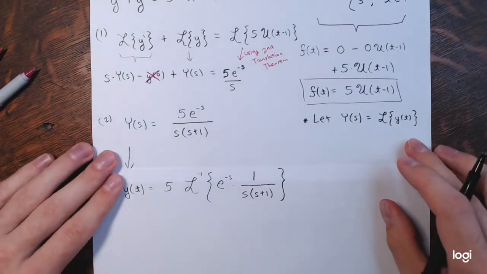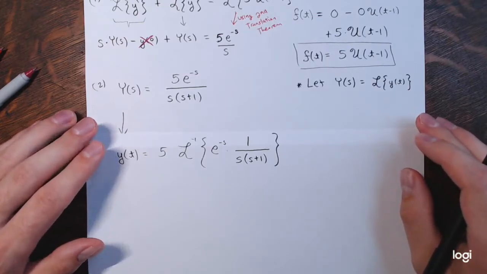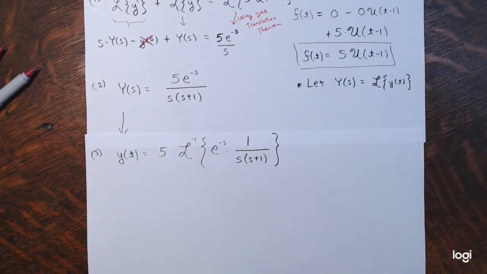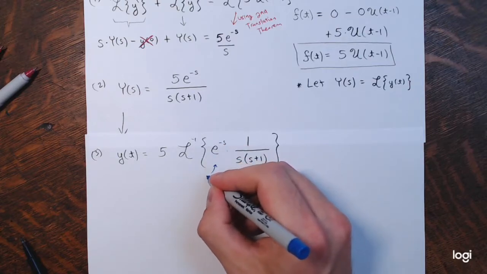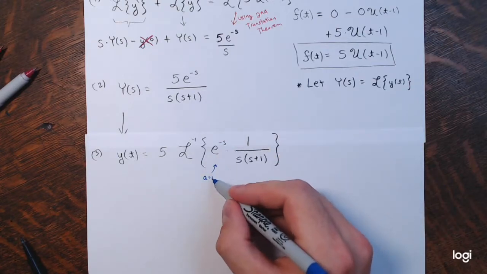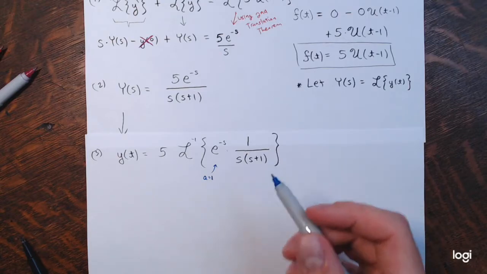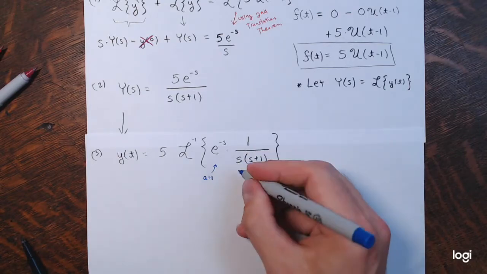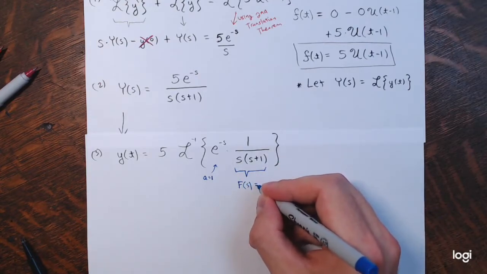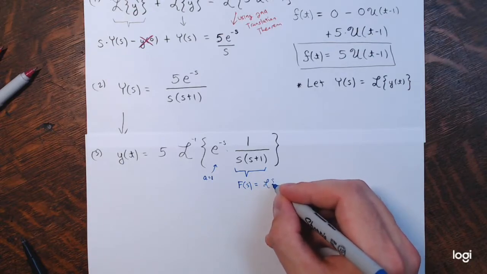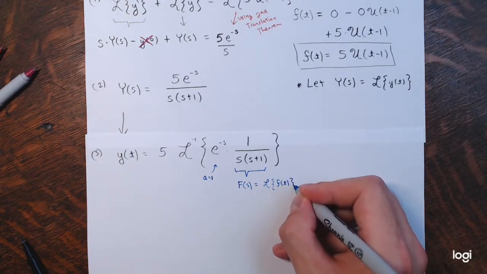So again, using the second translation theorem, this is e to the negative 1s. The value of a is positive 1. And then the rest of the expression I'll call capital F of s, which is the Laplace transform of some function little f of t.